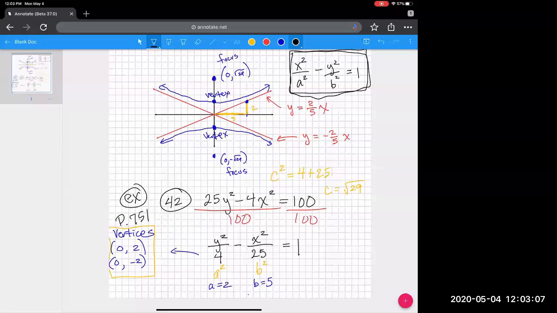If the foci are lying on the same vertical line, then the y squared is in the lead. And you know that a squared plus b squared equals c squared. So if they give you the vertices, that will give you the a length, or they give you the foci, that will give you the c, then you can come up with the b value, which you would need for the equation.